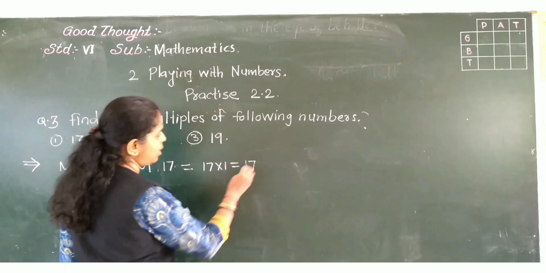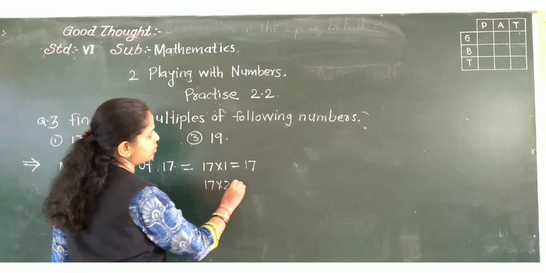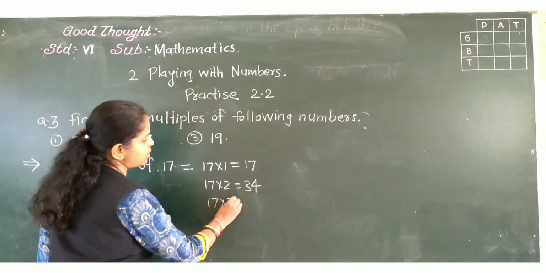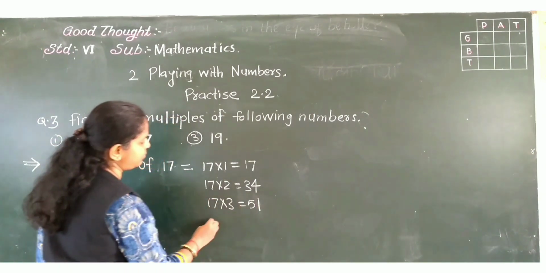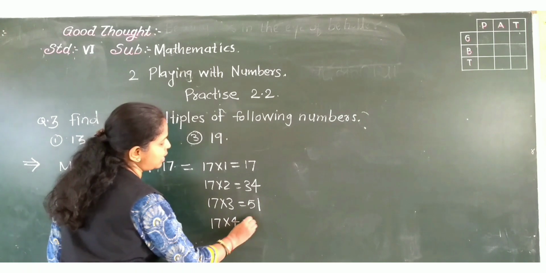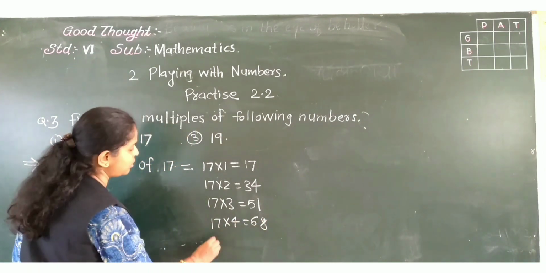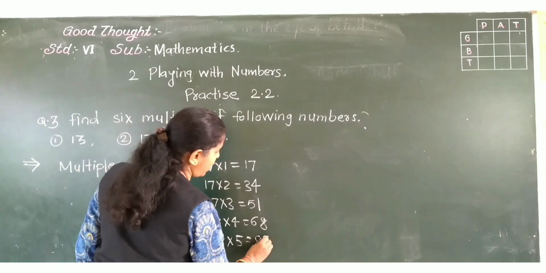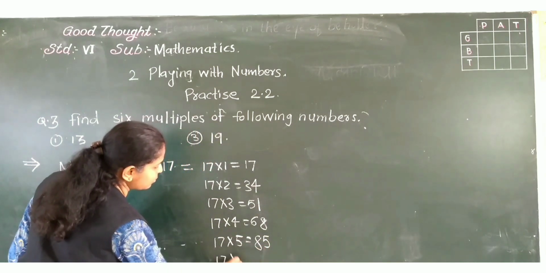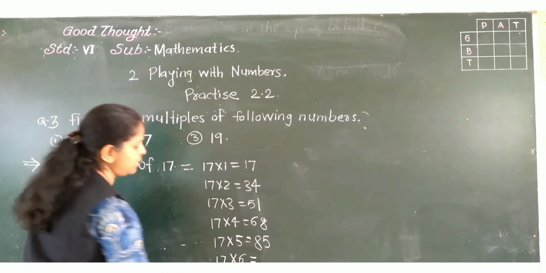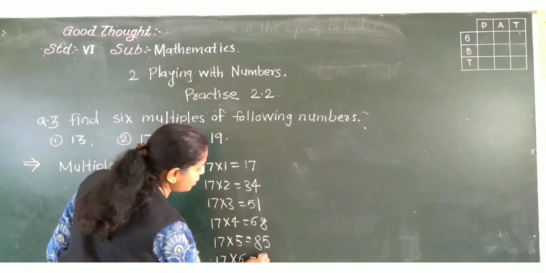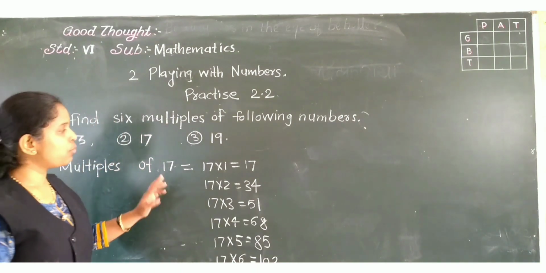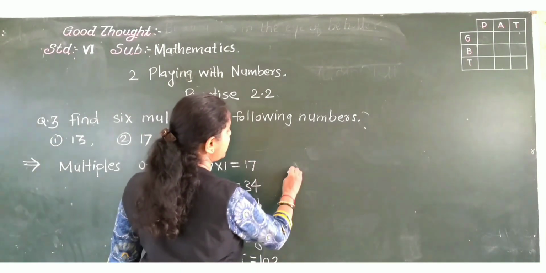So 17 ones are 17. 17 twos are 34. 17 threes are 51. 17 fours are 68. 17 fives are 85. And 17 sixes are 102. Okay. So what are the multiples of 17?